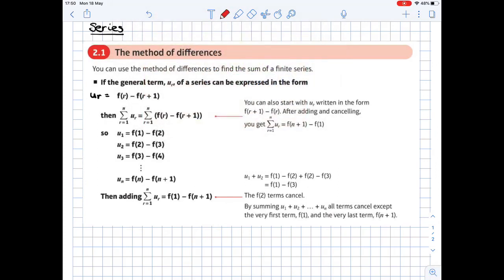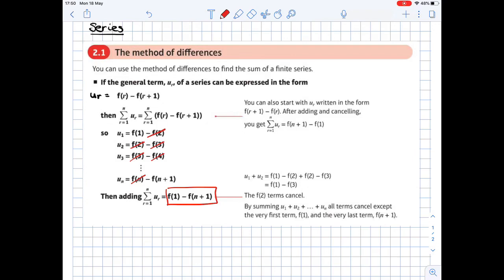Minus F2 will cancel with the second, minus F3 cancels with F3, and this pattern will replicate all the way down. So you end up with the final term giving us F1 minus Fn plus 1.